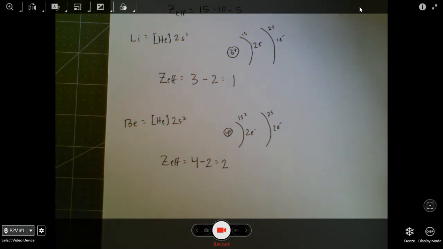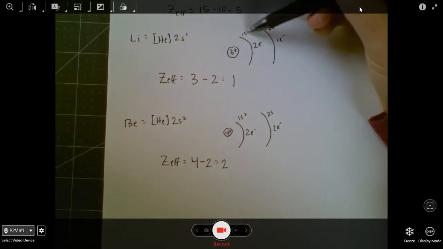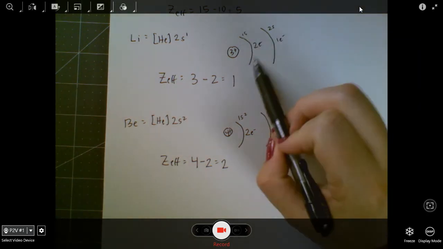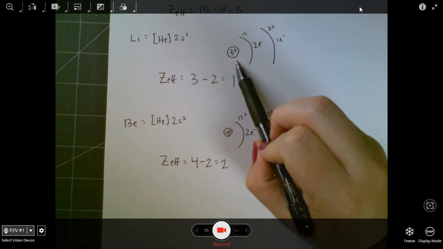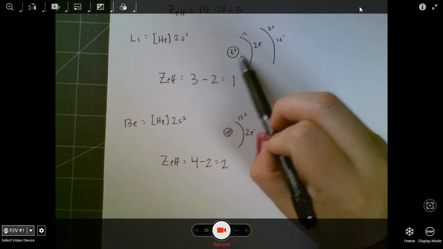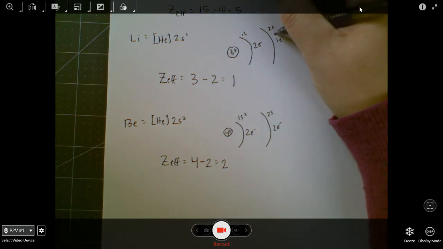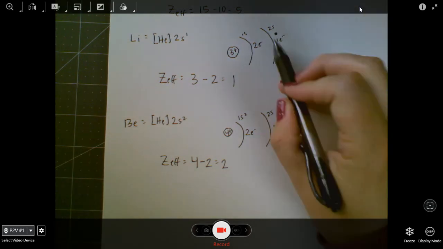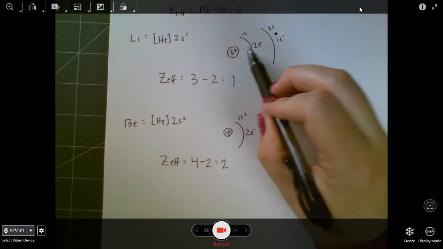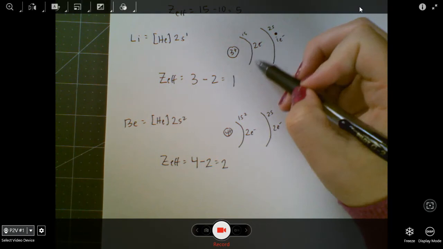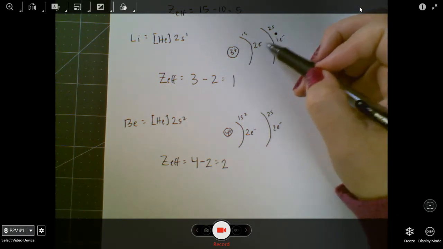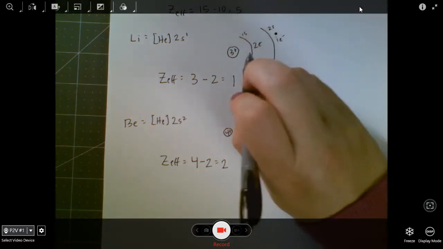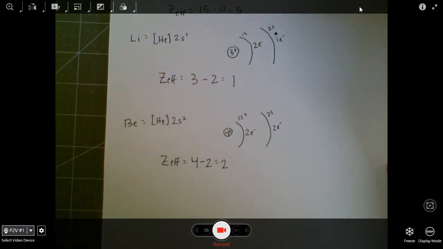We're going to talk more about shielding in just a little bit, but they block some of the influence from the nucleus. So if we're talking about these electrons out here, this electron is being pulled toward the nucleus. But these 2 electrons in our 1s shell are preventing them from being pulled in too far. They are pushing back on those electrons.